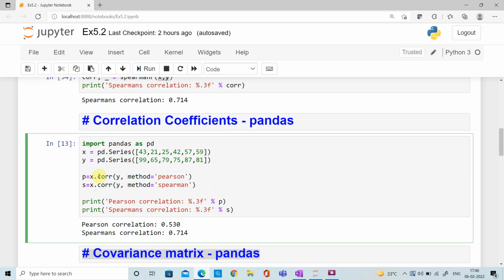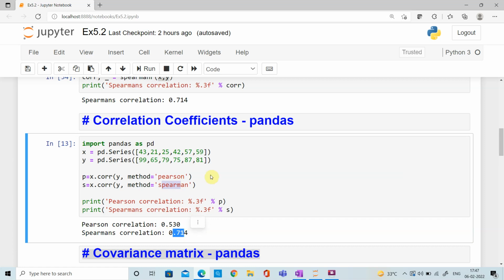After doing that, we have a function called corr. In order to calculate the correlation between the variables x and y, you write x dot corr of y, then you need to pass which correlation coefficient method you need to use. If I specify method as Pearson, it will calculate the Pearson coefficient. If I pass Spearman, then the value will be calculated based on the Spearman correlation coefficient.